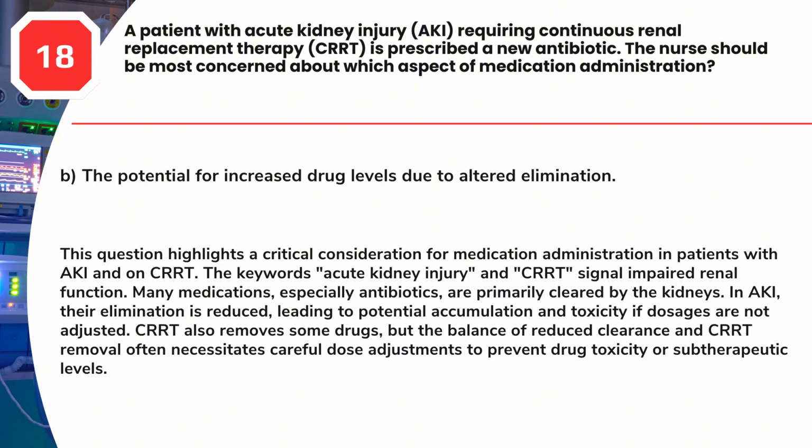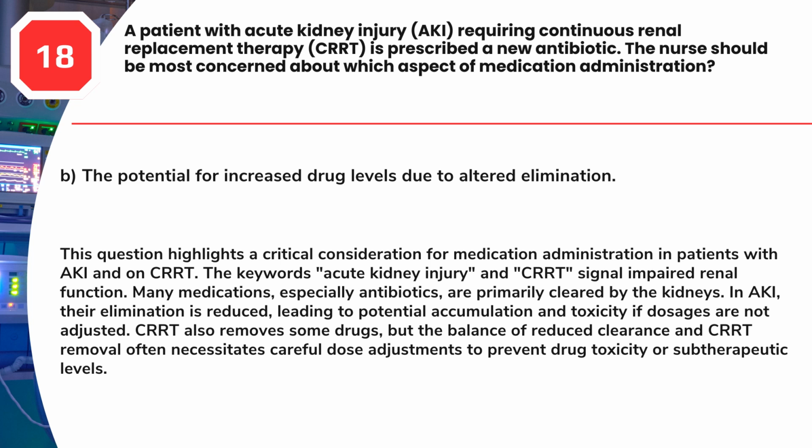Answer B. The potential for increased drug levels due to altered elimination. This question highlights a critical consideration for medication administration in patients with AKI and on CRRT. The keywords acute kidney injury and CRRT signal impaired renal function. Many medications, especially antibiotics, are primarily cleared by the kidneys.